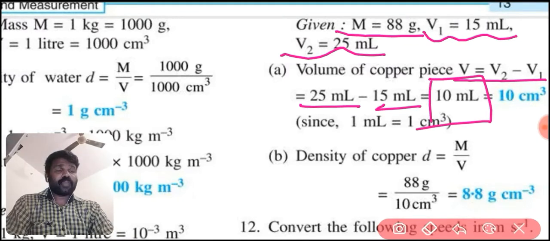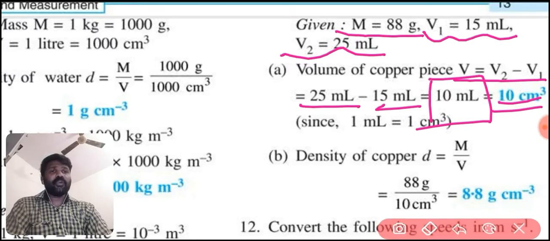Clear? That means 10 ml is equal to 10 centimeter cube. So we got the volume of the copper piece, V is equal to 10 centimeter cube.